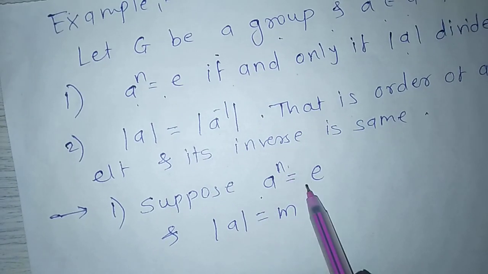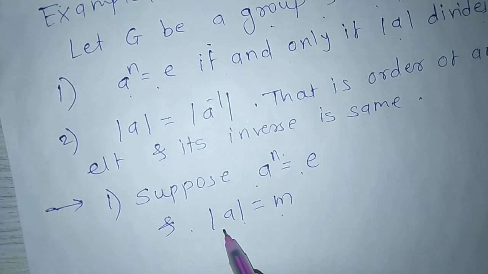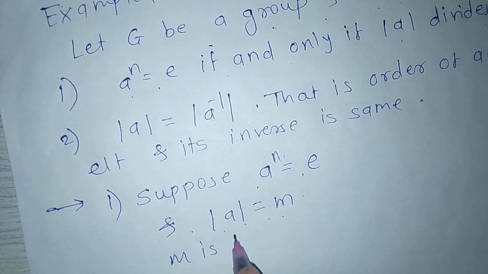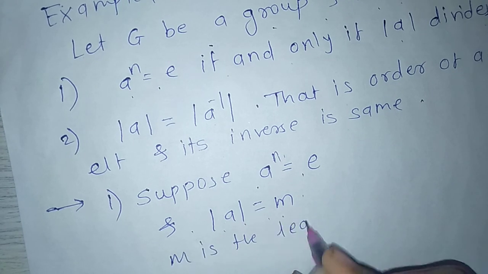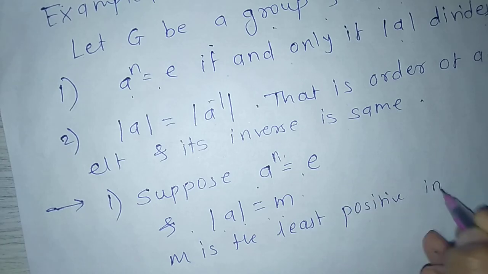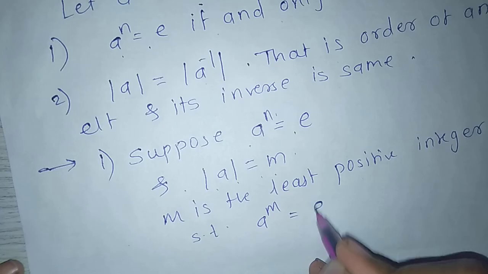Suppose a raised to n equals identity and the order of a equals m. The order of a equals m means m is the least positive integer such that a raised to m equals identity.